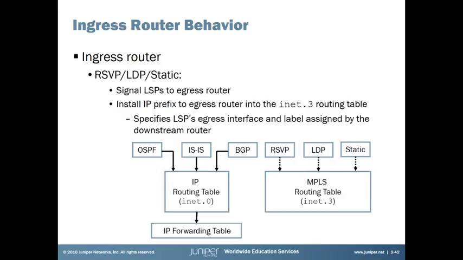They signal the LSPs. What they do is they basically automatically set up the LSPs. So instead of having to go into each and every router along the path and configure, this is my transit label, this is my next hop, this is my swap value, you have to do that? Well, that's static. That's the static one.